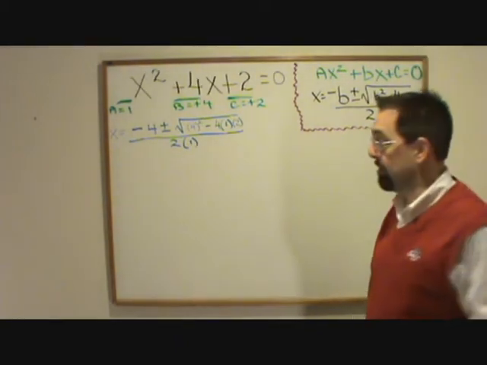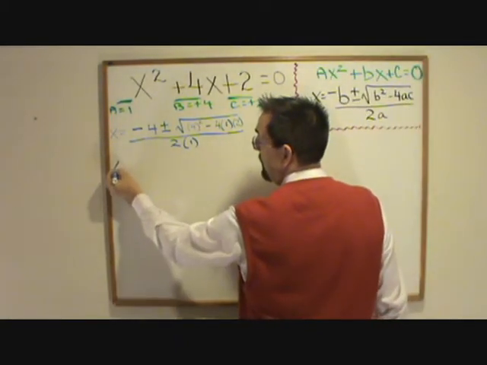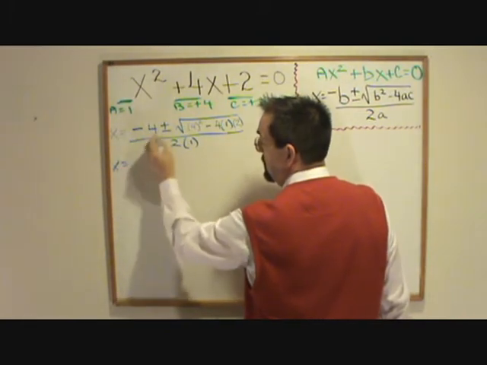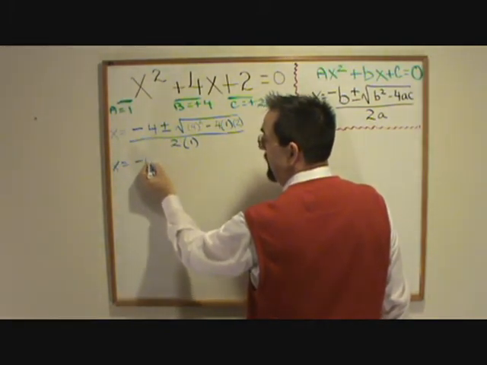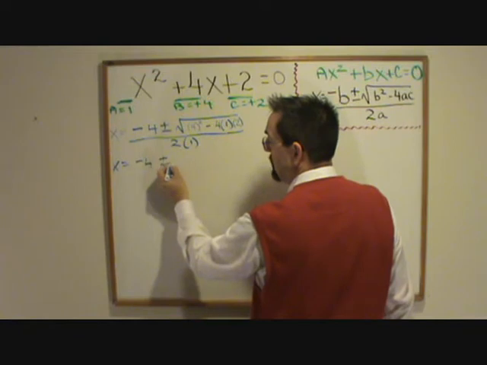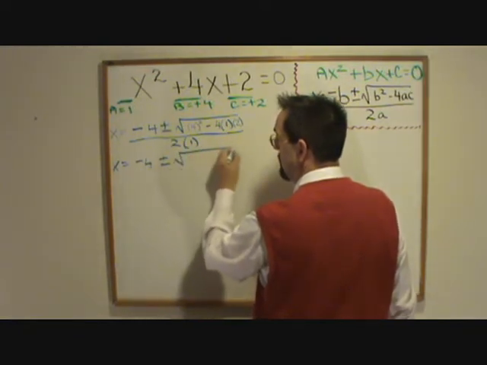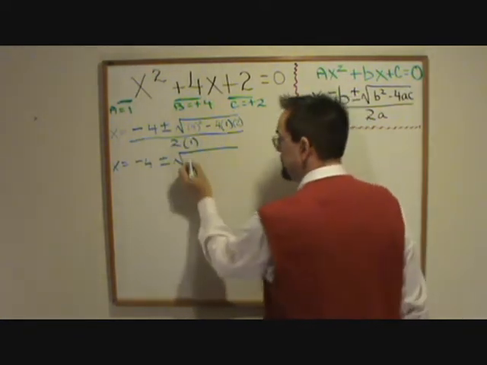Now we've got to do the math part. X equals minus 4, can't do anything with that yet, plus or minus 4 squared, that's 16.